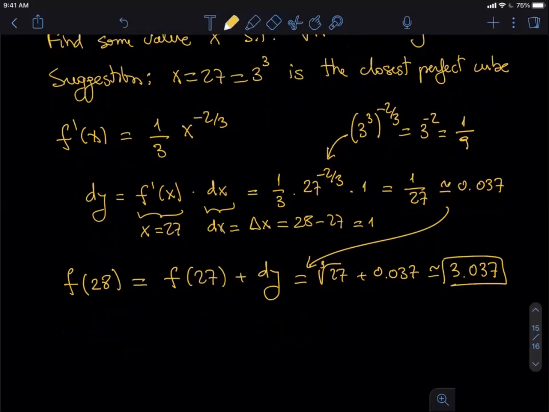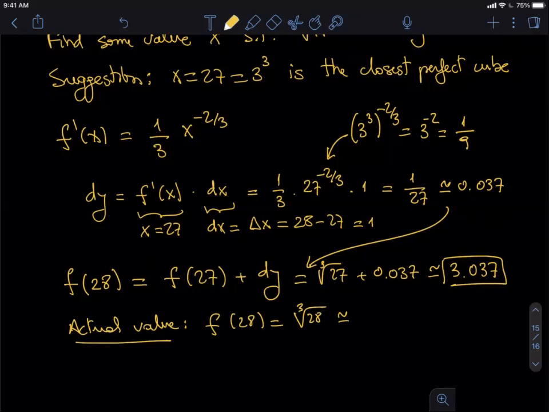If we compute the actual value, f of 28, that is the cubic root of 28, and I challenge you to do this without the calculator. There is a way to do it, but it's very complicated.